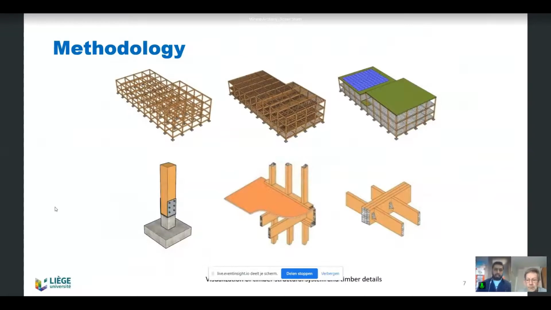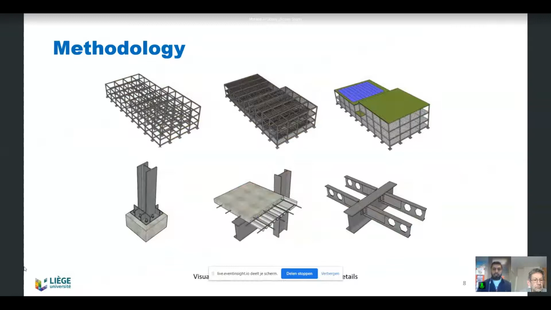This figure shows the visualization of the construction system and details for the original design of the Centrum project. And here we can see the different construction system, the proposed steel structure with the details.